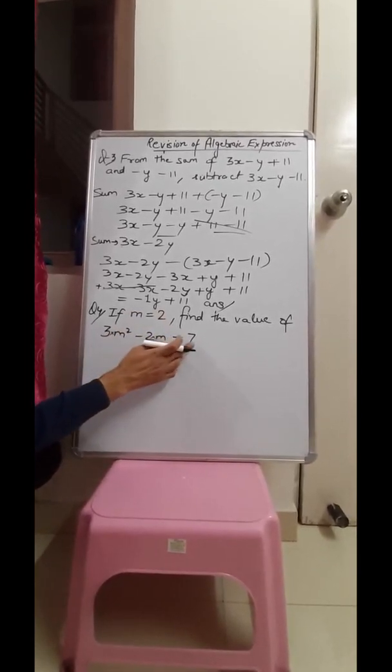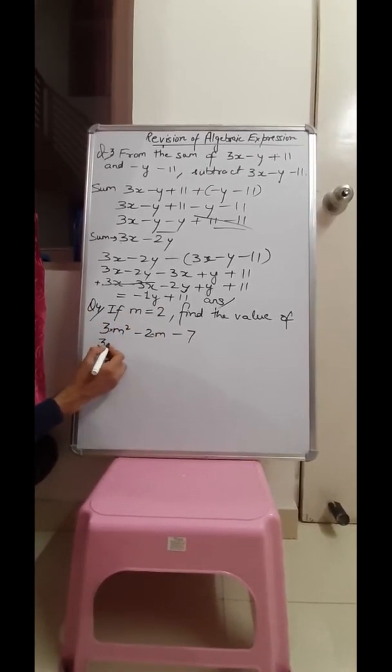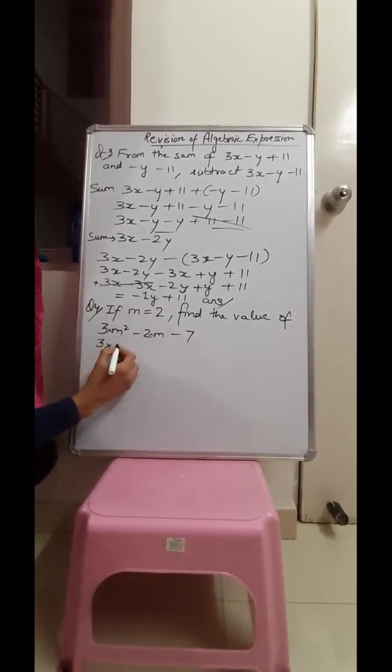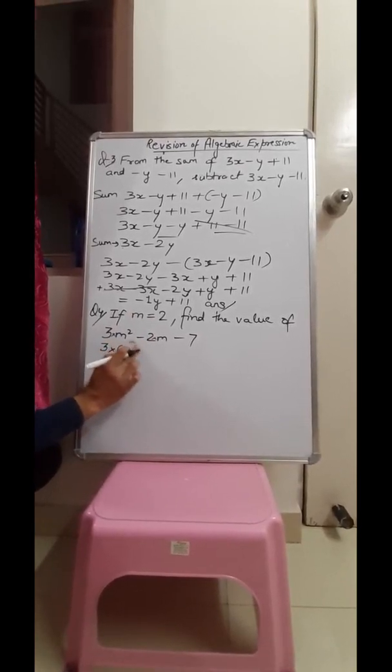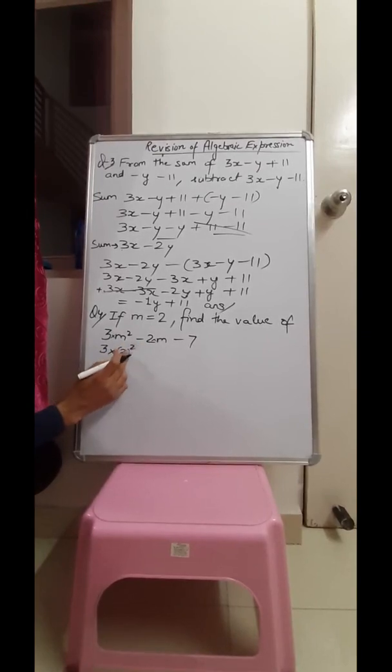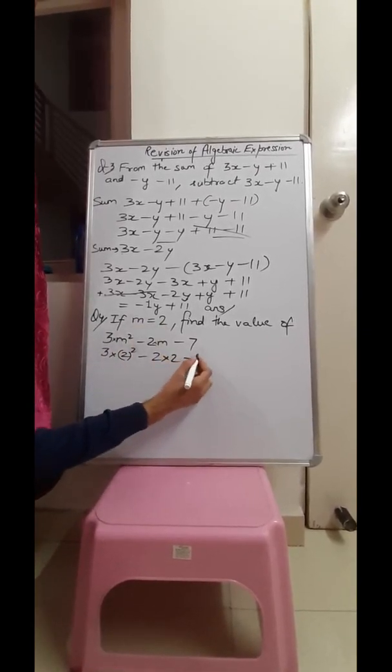So no need to put the m value in the constant, but here we have to put the value of m. So 3 multiplied by 2 raised to power 2, because the power is 2, minus 2 multiplied by the m value 2, minus 7.